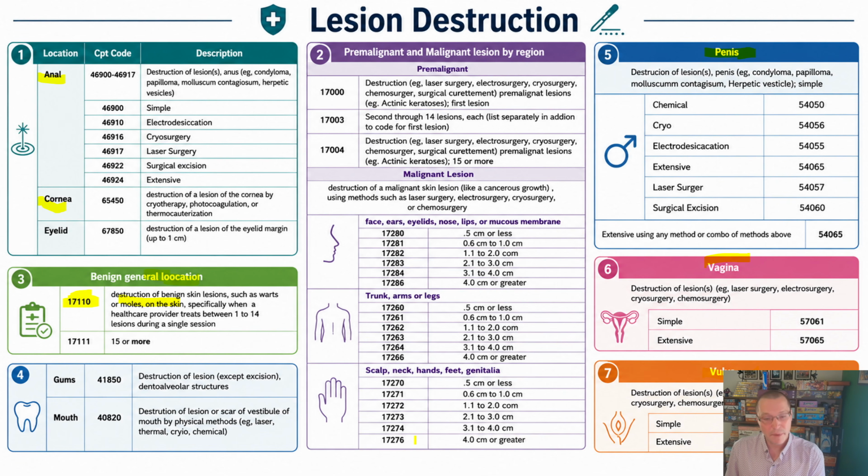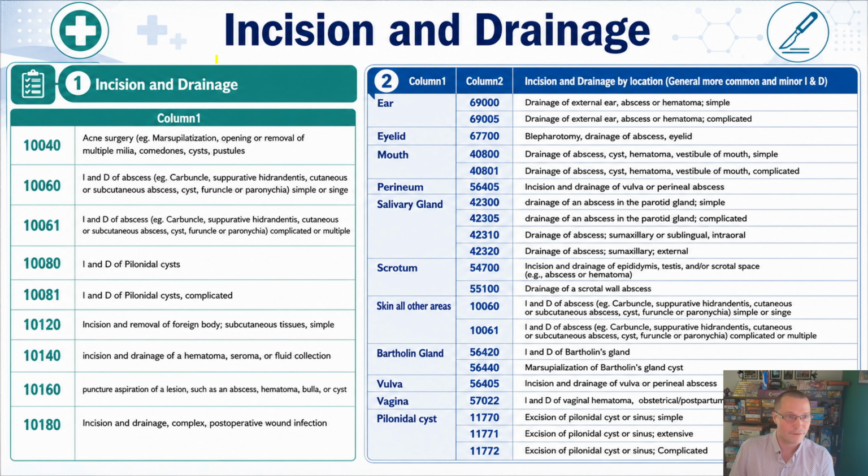Now, all these job aids will be available in my Google Drive file, so don't worry about if you can see everything with my little blob here at the bottom. They will be available for you to review. But just remember, a lot of codes are based off of regions and make certain you're reporting to the highest level. Incision and drainages also have specific location codes.